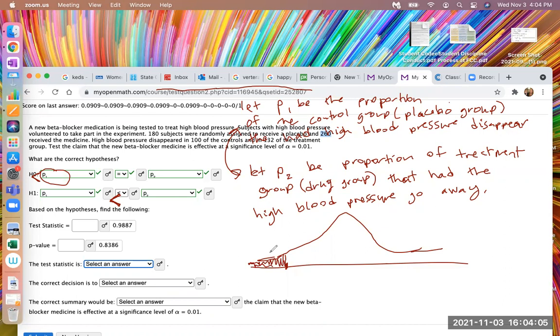It's a larger value, like over here somewhere, because the p-value is 0.8, so it's practically all of the area under this curve, and all the area is 1, but this is most of the area under the curve. So this is where our test statistic 0.988 is. This is also the value they got by seeing how different the two proportions were.